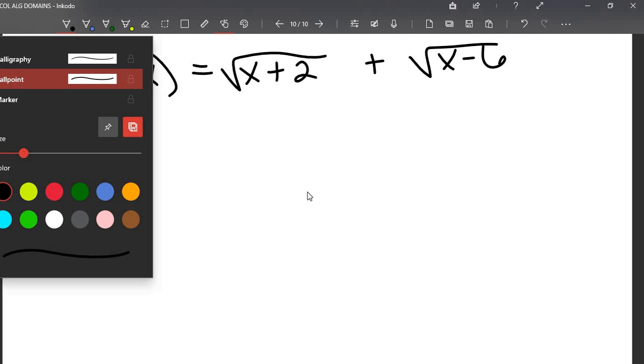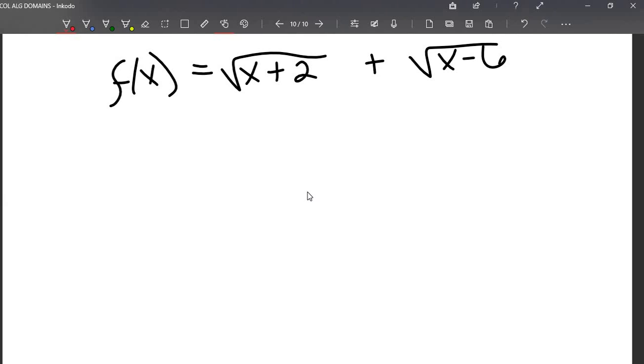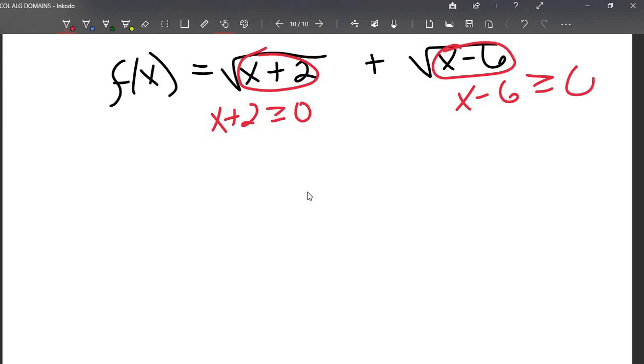We're going to take the x plus 2, set it greater than or equal to 0. We're going to take the x minus 6, set it greater than or equal to 0. When I solve this one, we'll have negative 2. When I solve this one, we'll get positive 6.